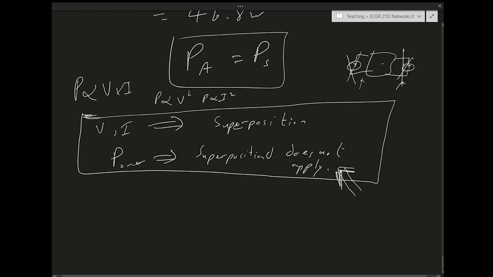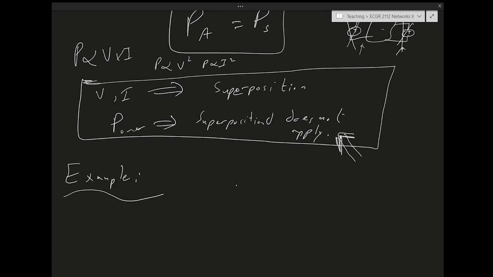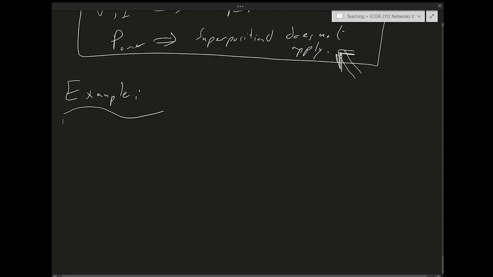Okay, so I want to do now another example with multiple sources. So I have a source 12∠30 degrees. And I have multiple sources now. I have two sources.